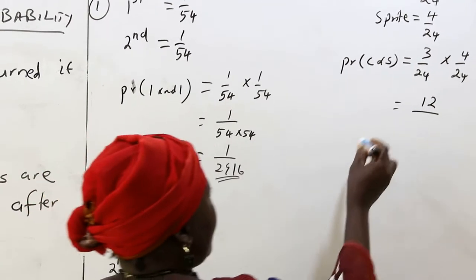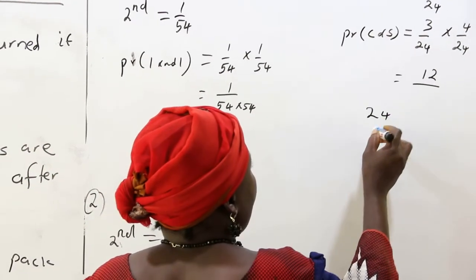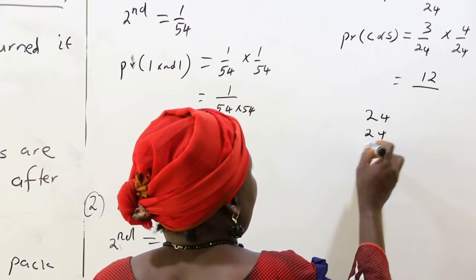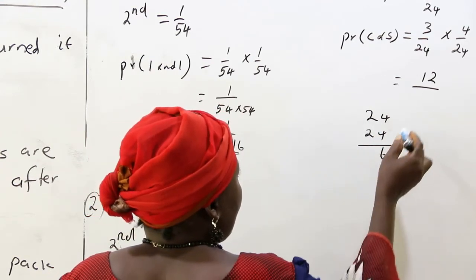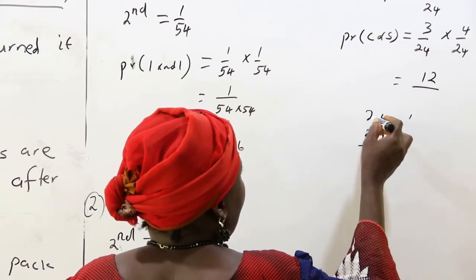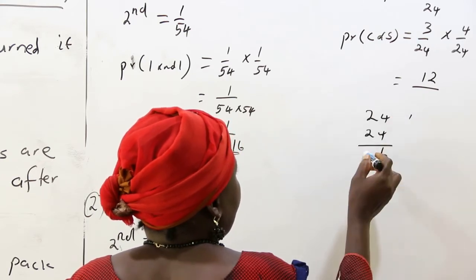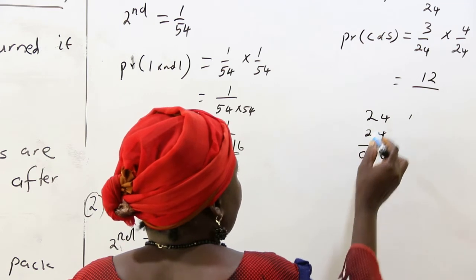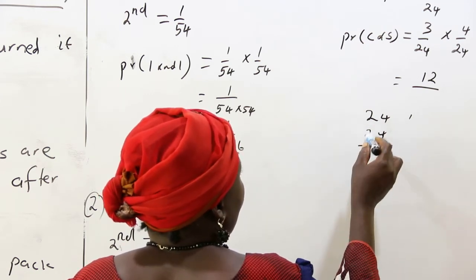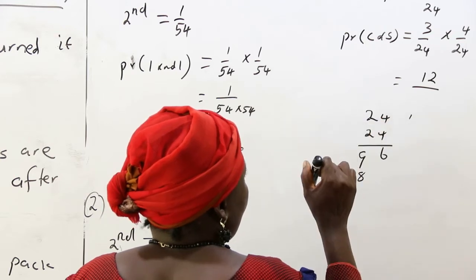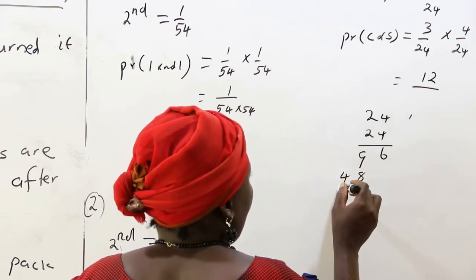So we now have 24 times 24. Let's see what we have. We have 16, carry 1. We have 4 times 2, 8, 9. We have 2 times that is 8. We have 8. 2 times 2, we have 4. We add.